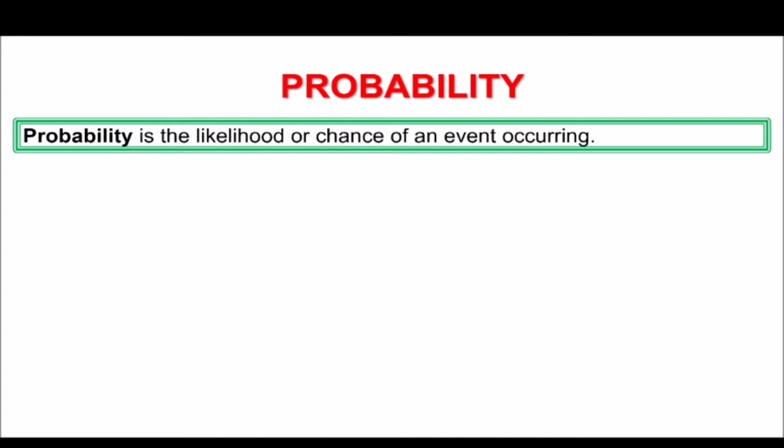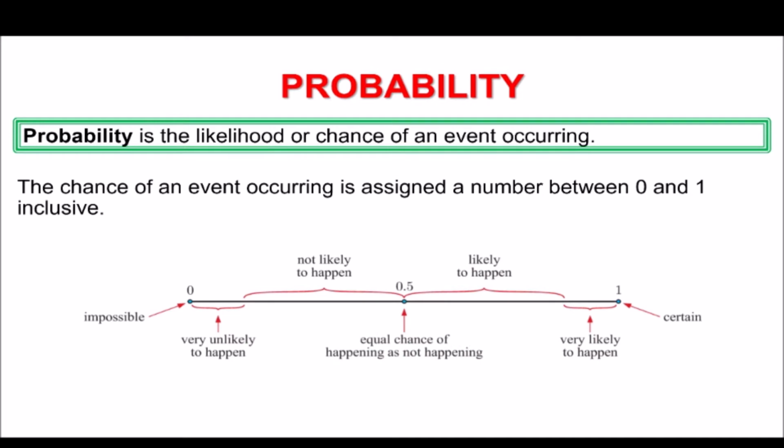So when we calculate the probability of an event, the values will range from 0 to 1. These values can be written as decimals, fractions, or percent. If the probability is 1, it can be written as 1 as a fraction or 100% as a percentage.